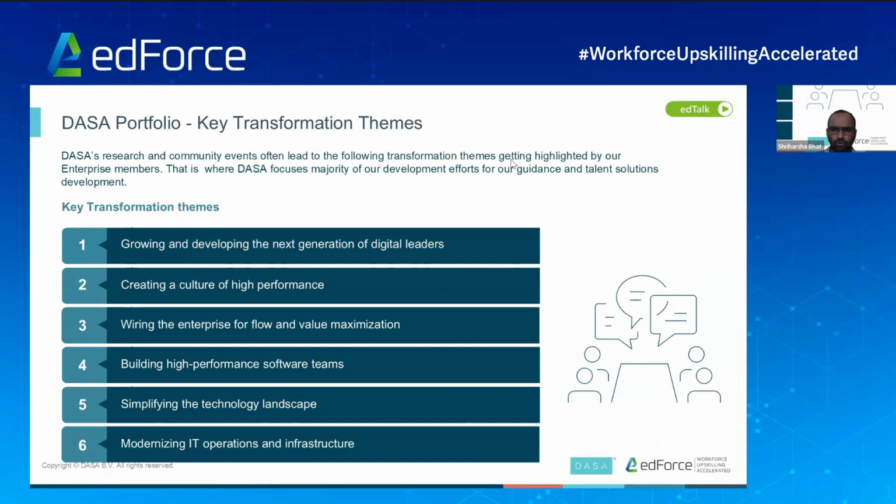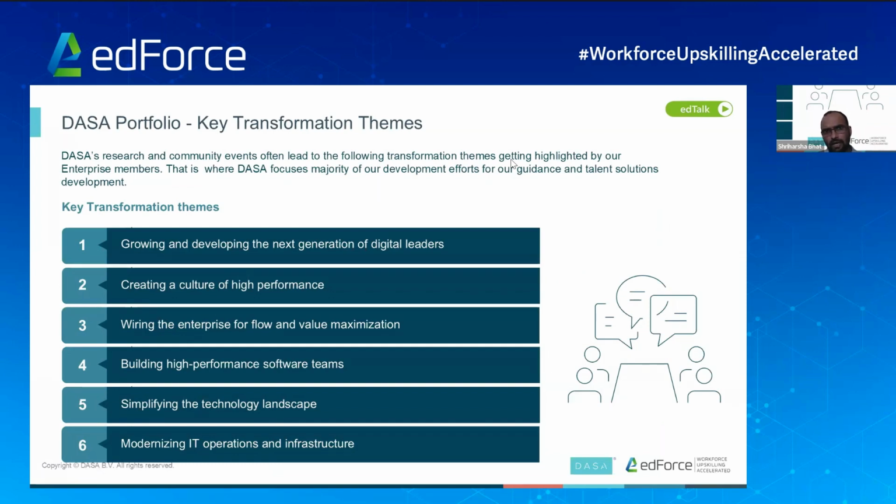So these are the key transformation themes. I would not go through each and every one of them. DASA comes up with transformation themes, which are how an organization can look into things like creating a culture of high performance, simplifying the technology landscape, or building high-performance software teams.